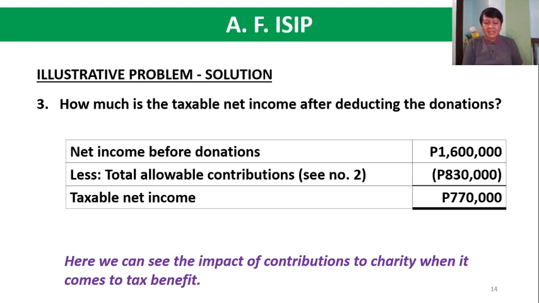There is a big impact of that contributions or donations to charity as far as the tax due is concerned. The tax due will be substantially reduced because of these donations deducted from net income.